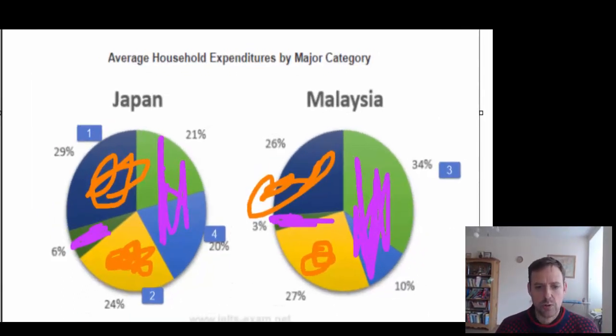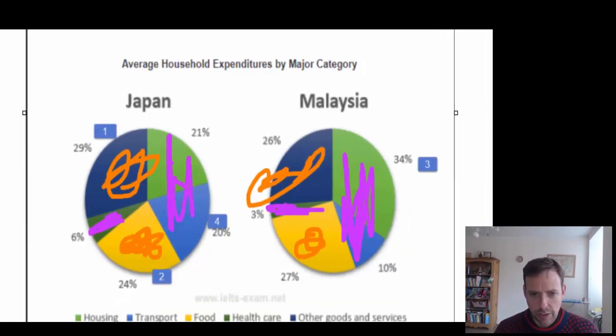Food is 24%, and then the other goods and services is 29%. So I think the key feature is there, but it's definitely not supported. There's quite a lot of missing detail to support that.